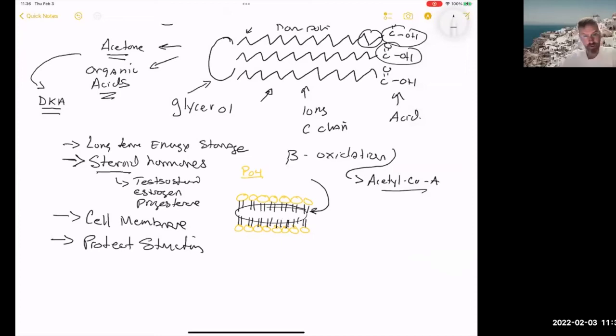But there are also other problems with fat. If you have fat going places where it shouldn't go, or you have certain parts of the body being turned into fat, that is a pathophysiological process known as steatosis. Steatosis is where something becomes fat, and a common area where this occurs is in the liver.